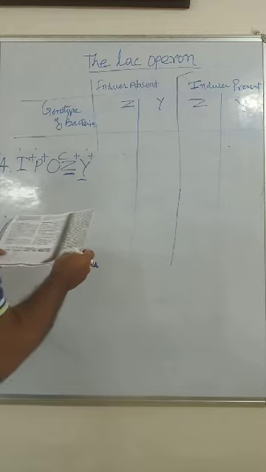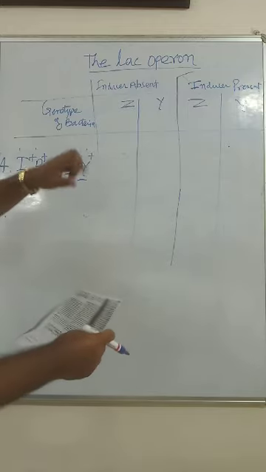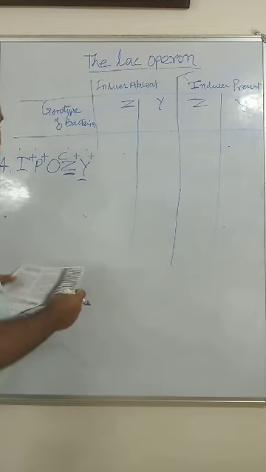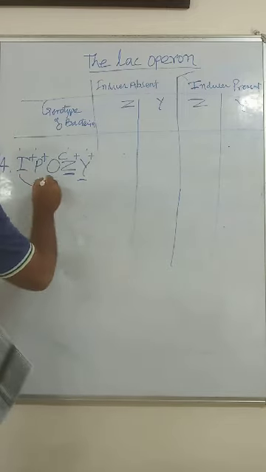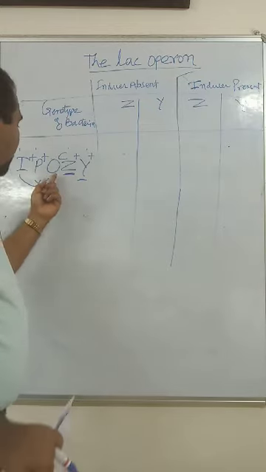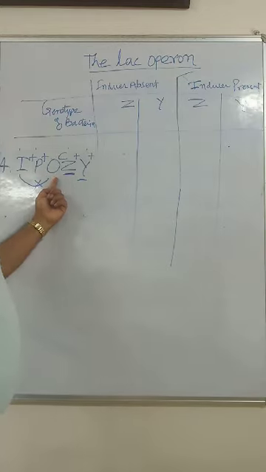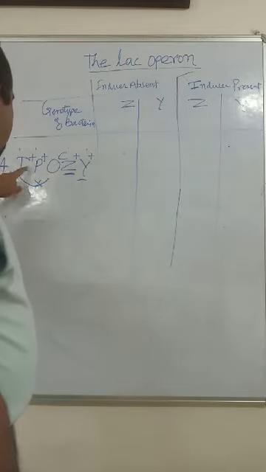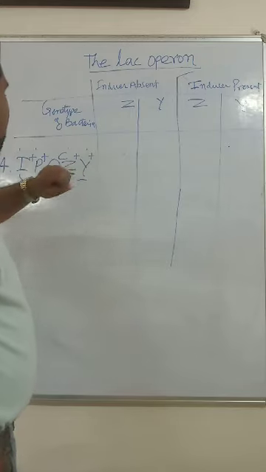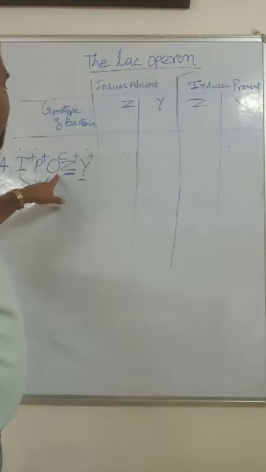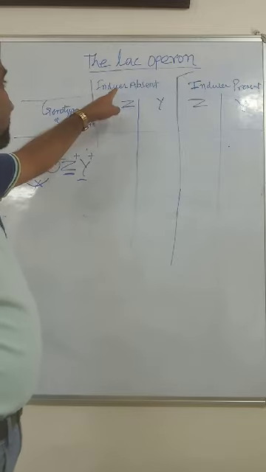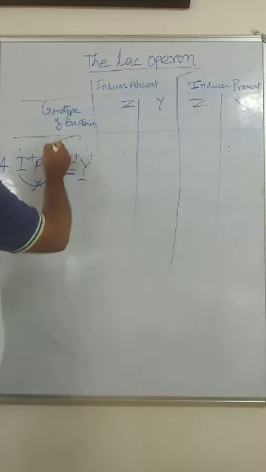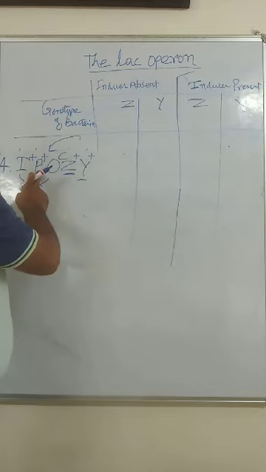So in this case, sorry, when the operator gene is mutated, it means the regulator gene product is not able to bind on the operator gene. Definitely, if operator sequence is mutated, then regulator gene product is no more functional to bind on the operator, and in that case, even if the inducer molecule is absent, the RNA polymerase will come to bind at promoter.